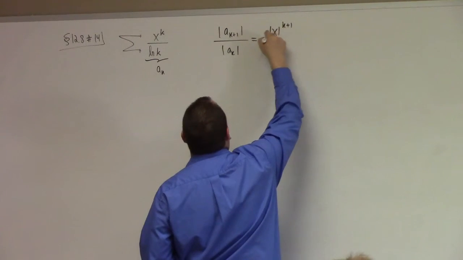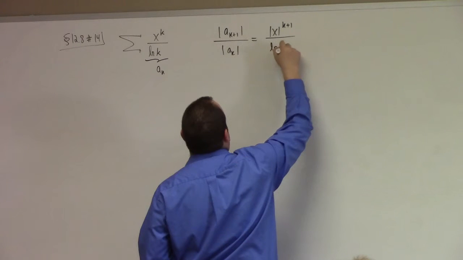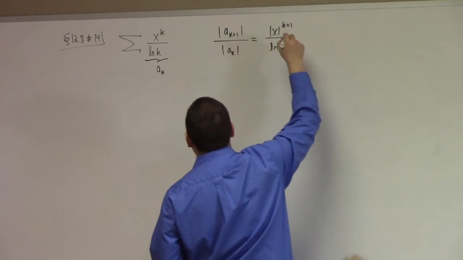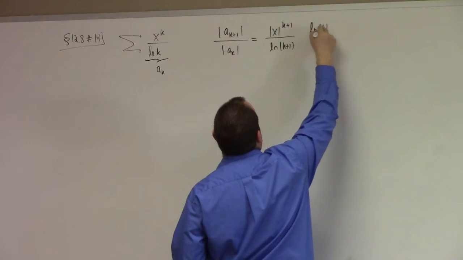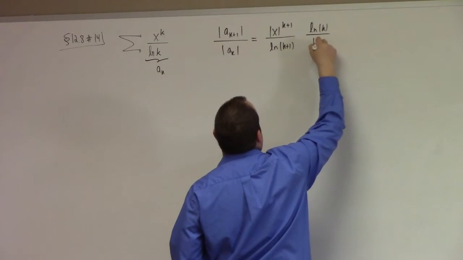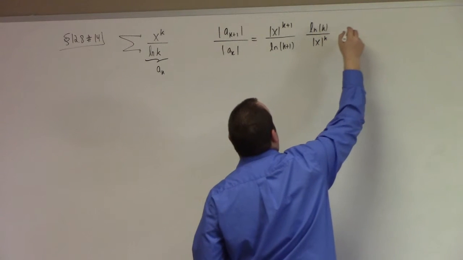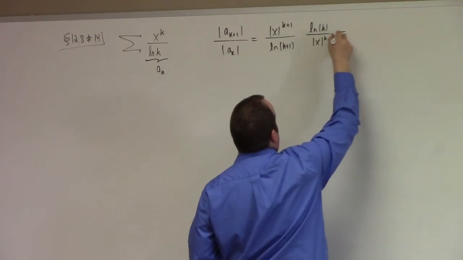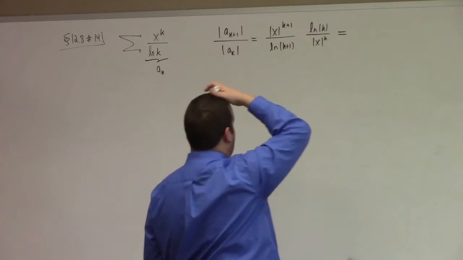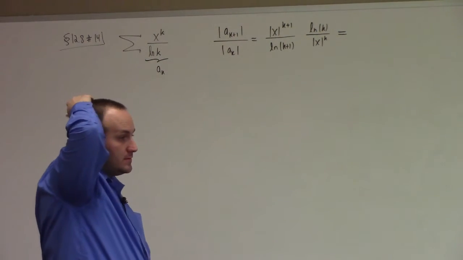x to the k plus 1 over the natural log of k plus 1, over natural log of k. All right, so that's equal to what? So when the problem asks you to find all values of x for which this is valid, is that talking about finding the interval of convergence?